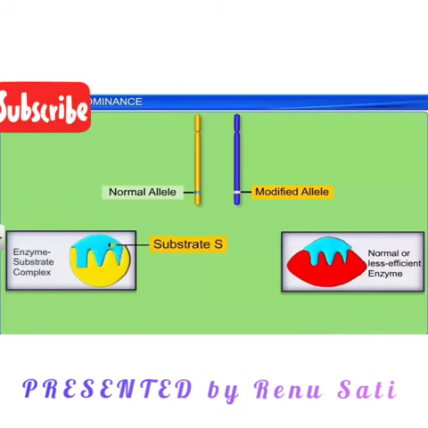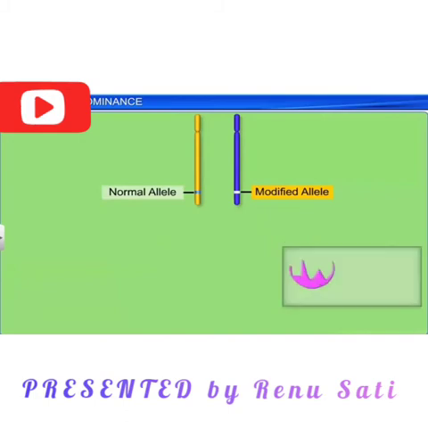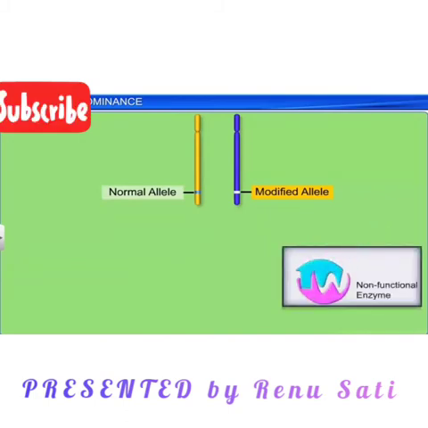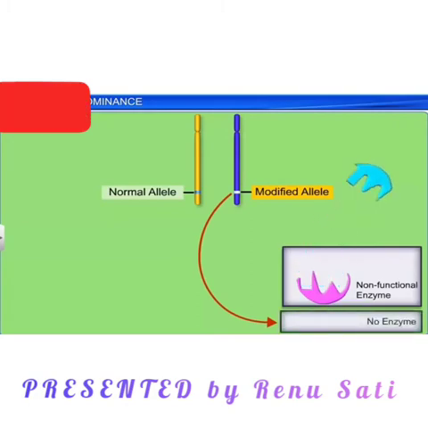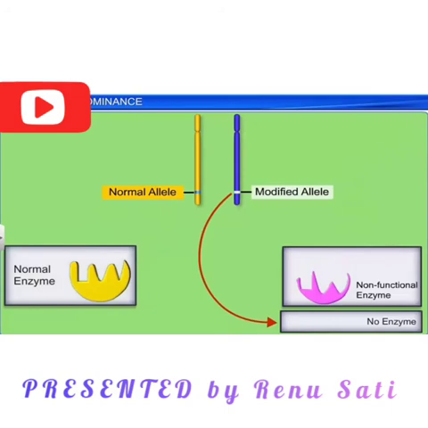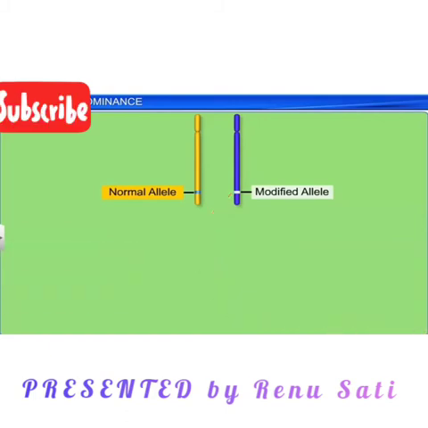If it is fitting properly, it means it will function and will produce a product. If this modified allele is non-functioning or not able to produce the enzyme, it means the lock and key method will not be able to function properly and the enzyme will not be produced or will be affected by the modified allele.